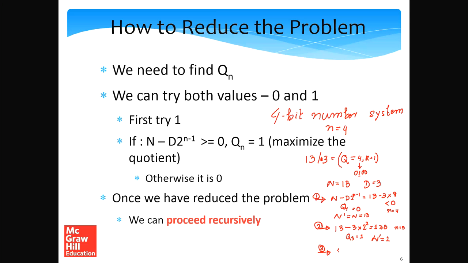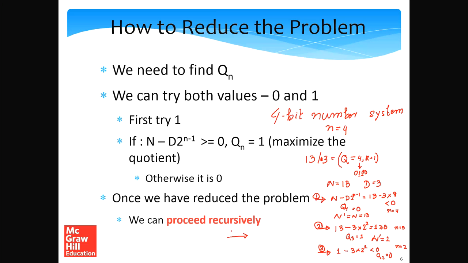Then I'll again compute 1 minus 3 times 2 to the power 2 minus 1. In this case, n becomes 2, and 2 to the power 2 minus 1 is 2. So 1 minus 6 is less than 0. So basically Q2 is equal to 0. So we have computed this properly.